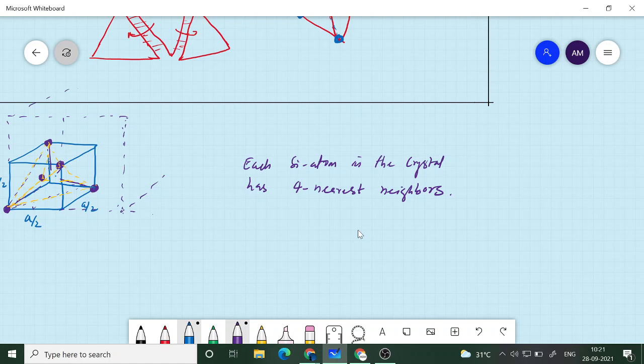Or in other words, a silicon atom makes bonds with 4 other silicon atoms. Every silicon atom makes bonds with 4 other silicon atoms.